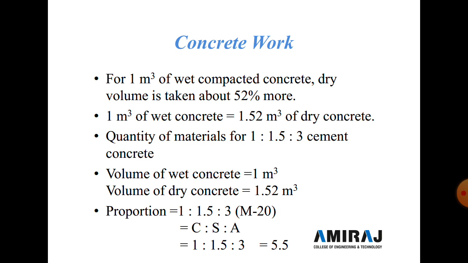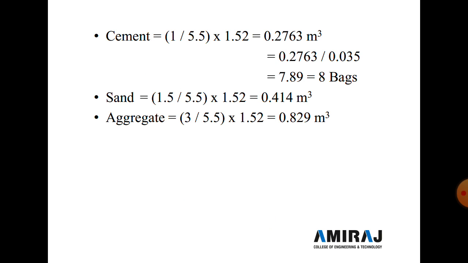This proportion is M20 grade concrete. So 1 part cement, 1.5 part sand and 3 part aggregate. The summation of 1, 1.5 and 3 is 1 plus 1.5 plus 3 equal to 5.5. It is the summation of all three proportions.